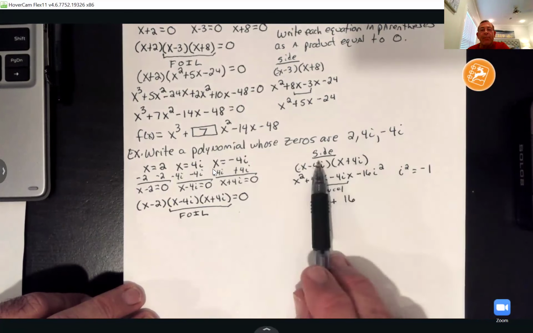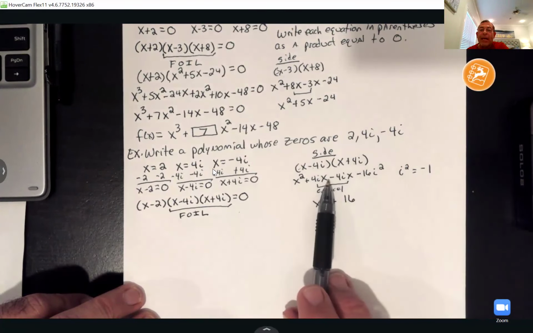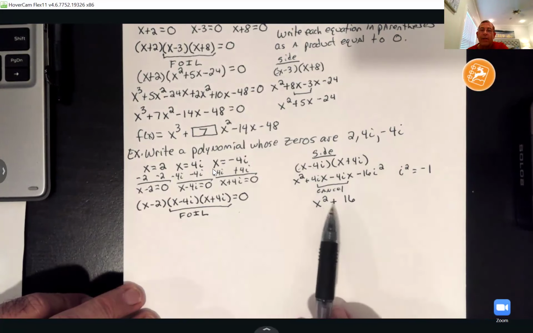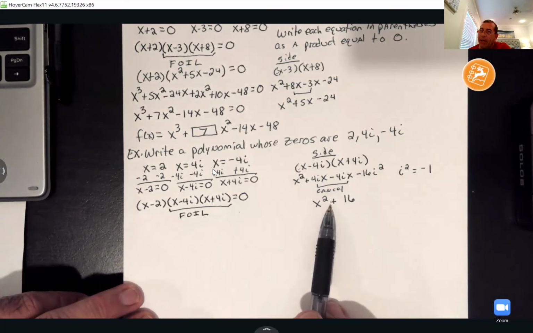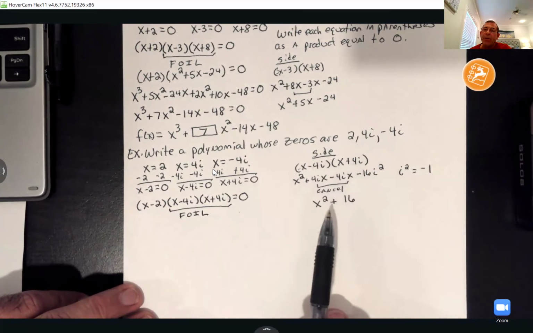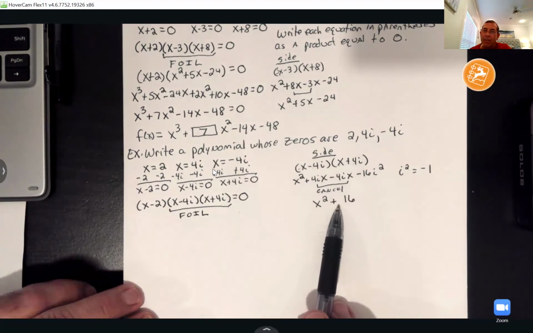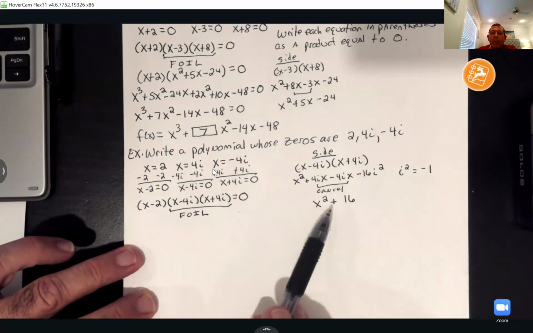Anytime you FOIL conjugate pairs of imaginary numbers, the i cancels out and it's gone totally. And they always end up with a plus in the middle, okay? Conjugate pairs of imaginary numbers always end up positive. So we're going to replace this with that.